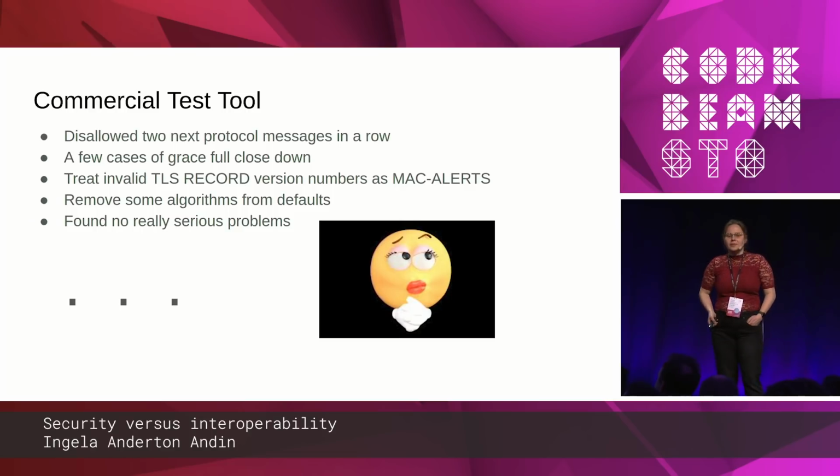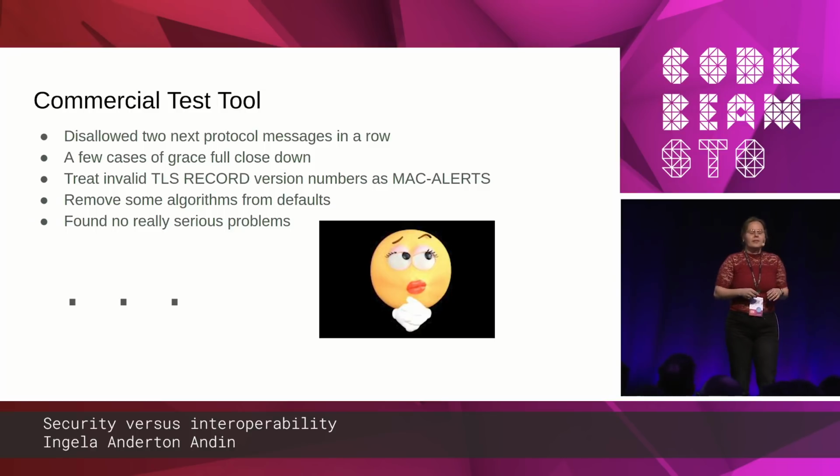We also use a commercial test tool, of course, to try to make certain that our TLS implementation is working well. We disallowed two next protocol messages in a row, which is an error, but there's no really known exploit of this, not at the time anyway. We did a few more graceful close downs.